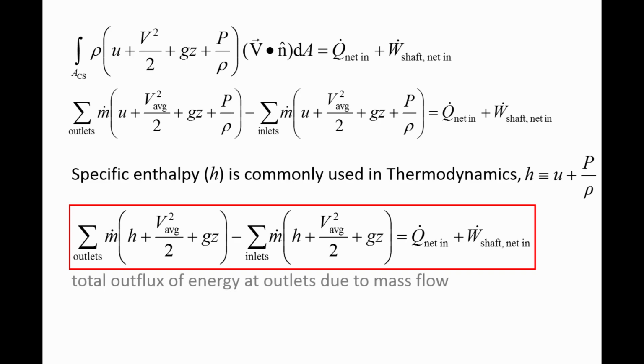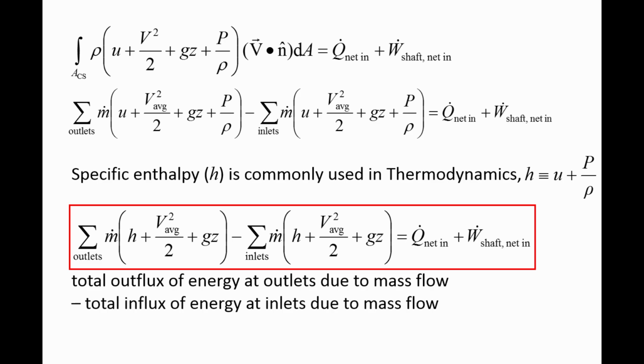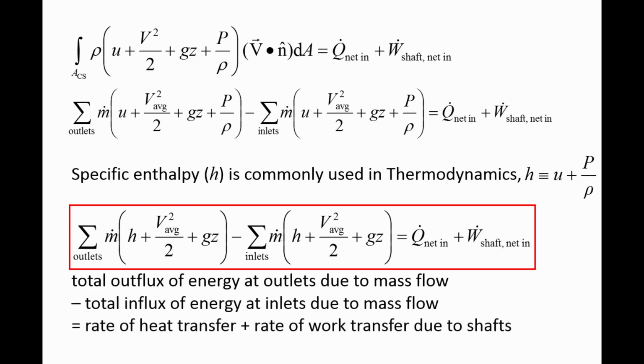In other words, the rate energy leaves the control volume due to mass flow minus the rate energy enters the control volume through mass flow equals the net rate of heat and work transfer into the control volume. This form of the conservation of energy equation for control volumes is more useful for thermodynamics applications. We will now obtain a more practical equation for fluid mechanics applications.